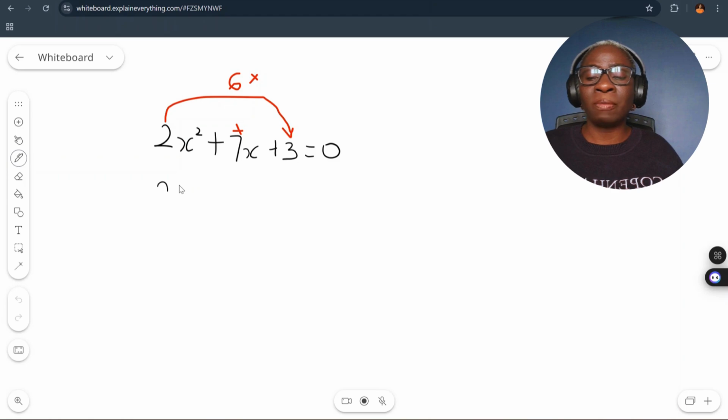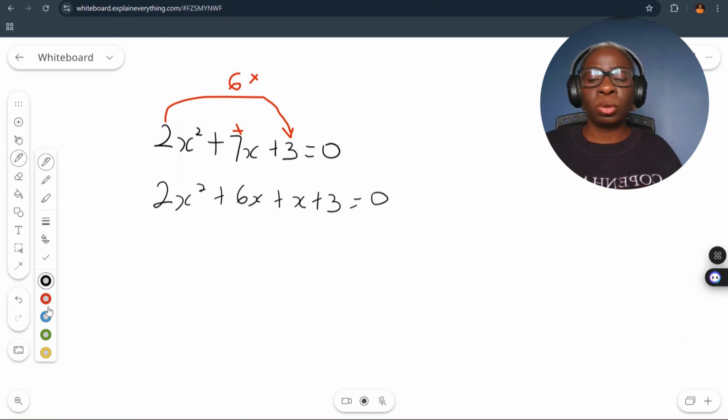So here we will have 2x squared plus 6x plus x, then plus 3 equals 0. Then we group them in 2, this and this, then this and this, so that we have what is common to both. 2x is common to both, so we have 2x bracket.